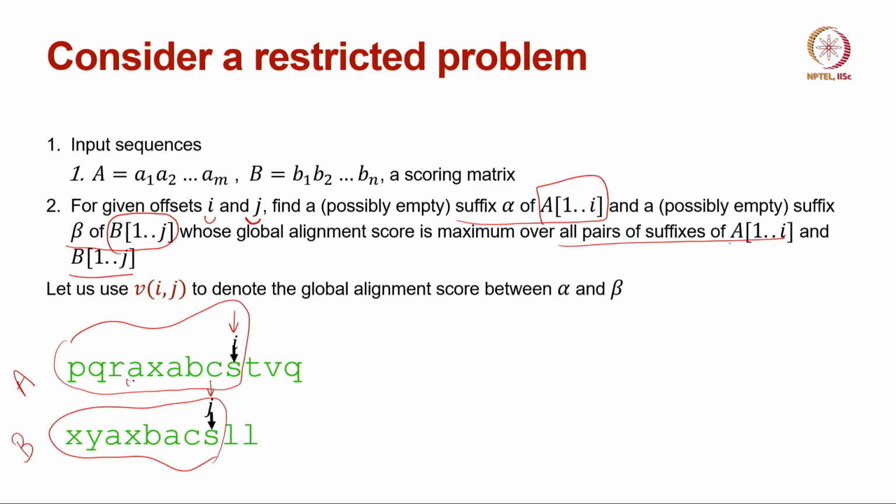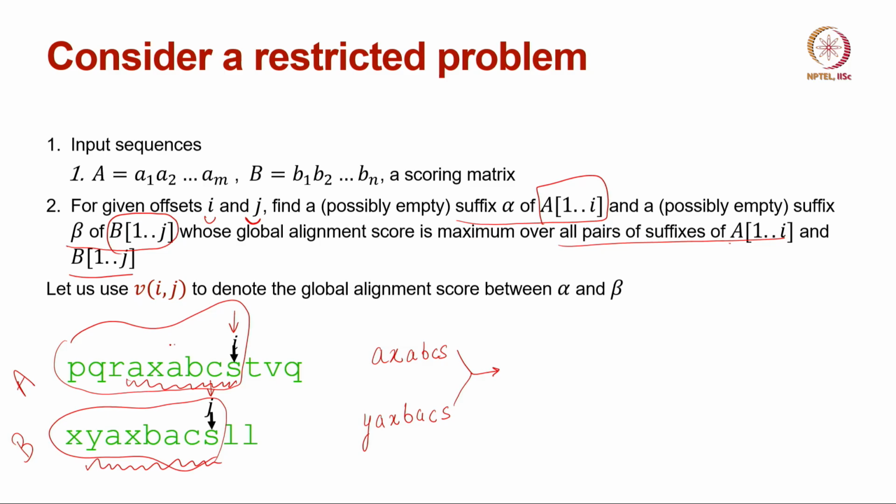So for example, I can pick any suffix of this string, I can pick a suffix of this string, and then I have to check what is the global alignment score between those two strings. So for example, if I pick this suffix and from the second string I pick Y A X B A C S, then I have to compute the global alignment and check what is the global alignment score given by these two suffixes. Similarly, I can make other choices.